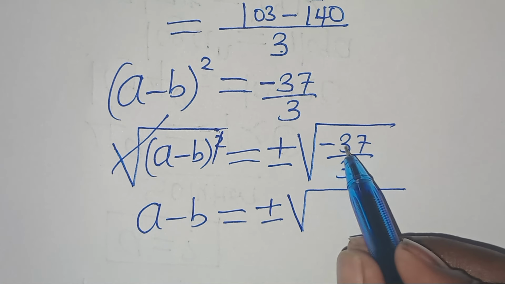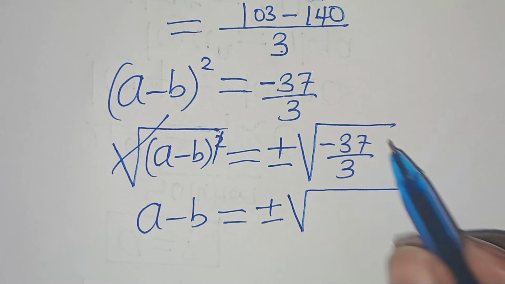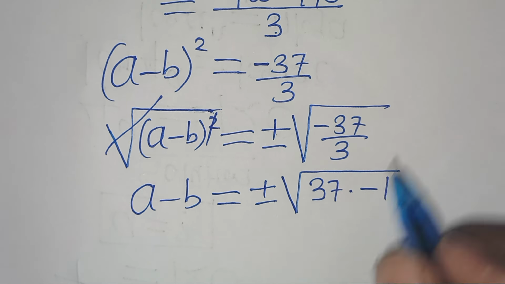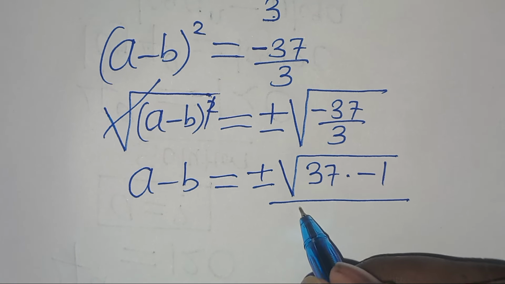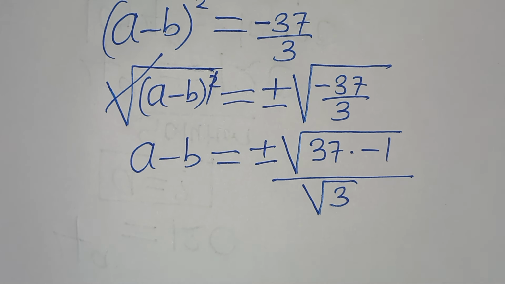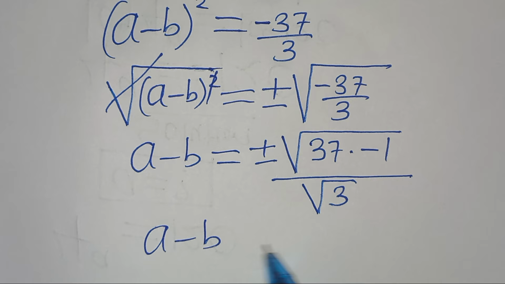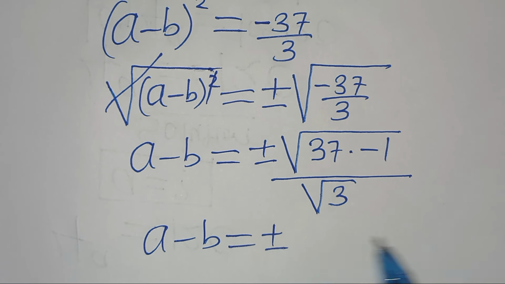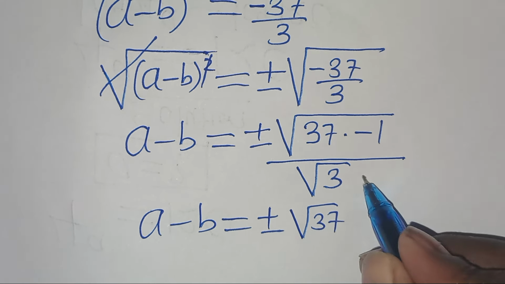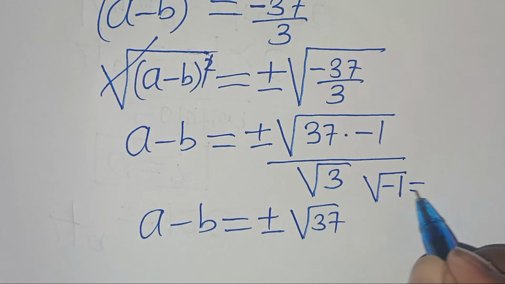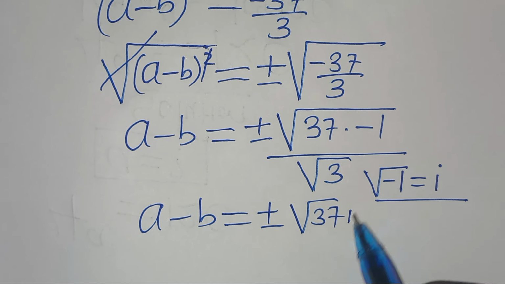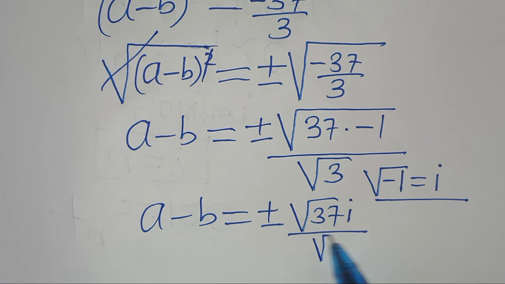We can express the square root of minus 37 as the square root of 37 multiplied by minus 1, divided by the square root of 3. So a minus b is equal to plus or minus the square root of 37. The square root of minus 1 is equal to i. So now this is the square root of 37 i divided by the square root of 3.